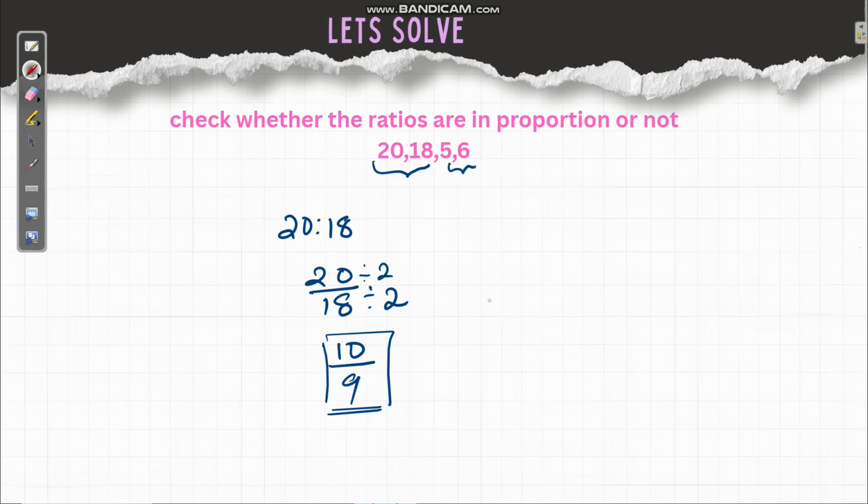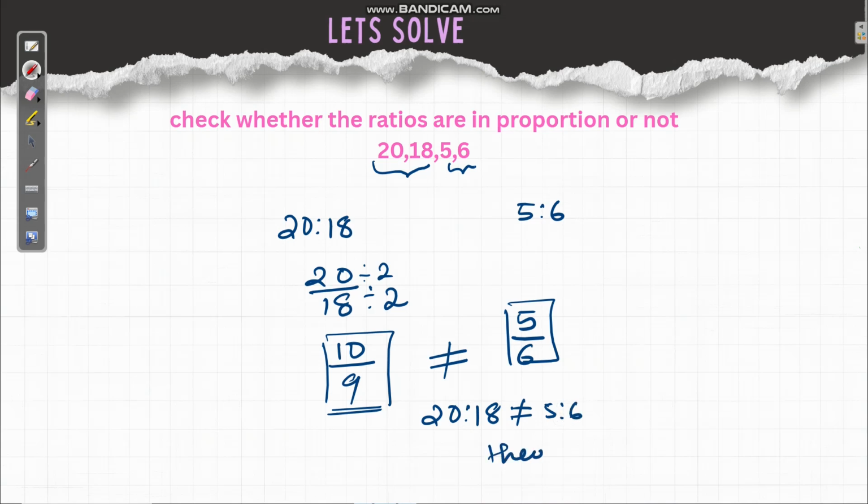The next ratio is 5 is to 6, that is 5 by 6. I cannot reduce it or divide by any number. If you notice, both the ratios are not equal. So that means 20 is to 18 is not equal to 5 is to 6. That means they are not in proportion.